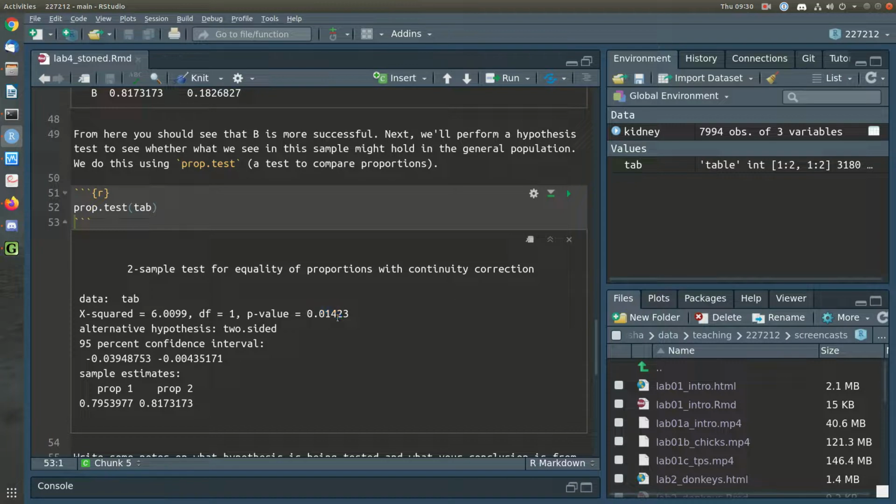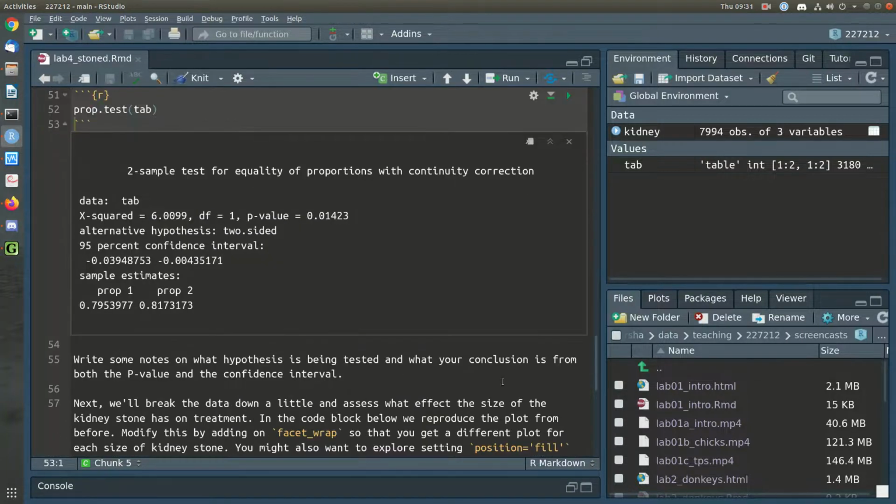So we must have got quite lucky to have obtained this particular sample if in fact the treatments were the same. The alternative, of course, is that the treatments are not the same and we haven't got lucky, we're just observing the truth. Because the p-value is quite small, our conclusion would be that we have evidence against the treatments being the same, because we just don't believe that we got that lucky.